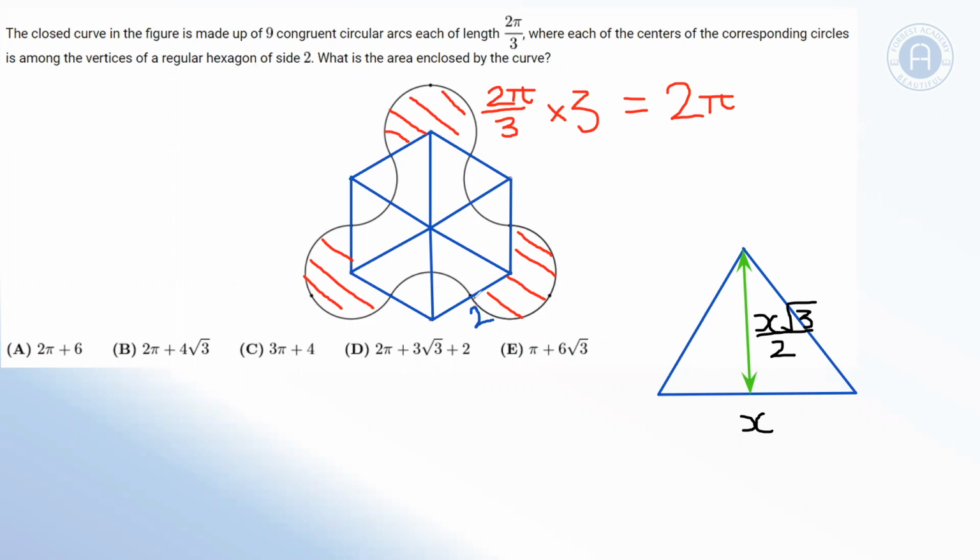So our altitude will be 2 times √3 divided by 2, which gives an altitude of just √3. Therefore, the area of each of these triangles will be √3 multiplied by 2 divided by 2, which is just √3. So the total area of our hexagon is going to be 6 of these triangles, so 6 lots of √3.